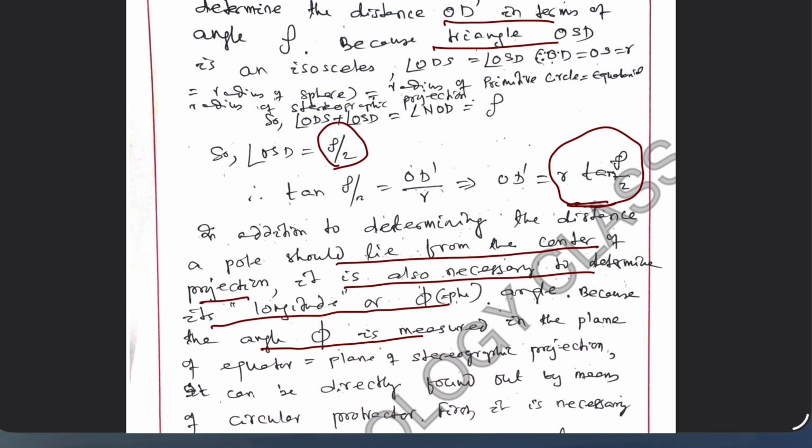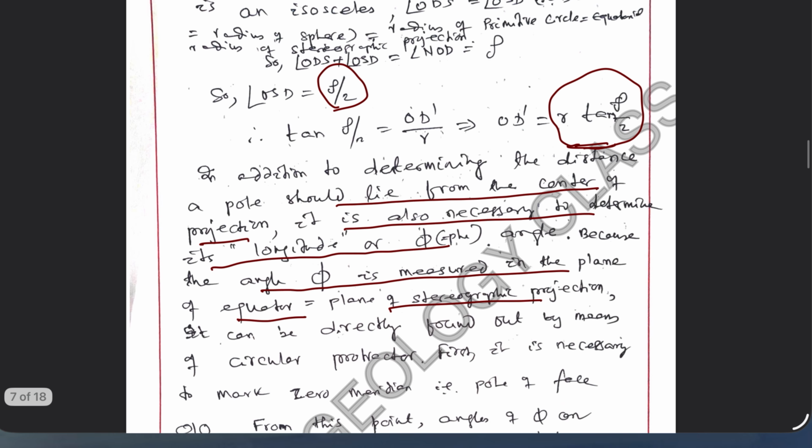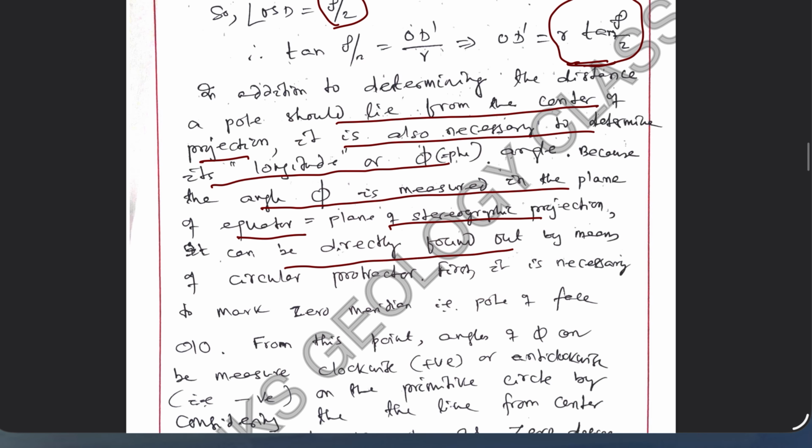Because the angle phi is measured in the plane of the equator, the plane of stereo projection, it can be directly found out by means of the circular protractor. We can describe phi in terms of the circular protractor.